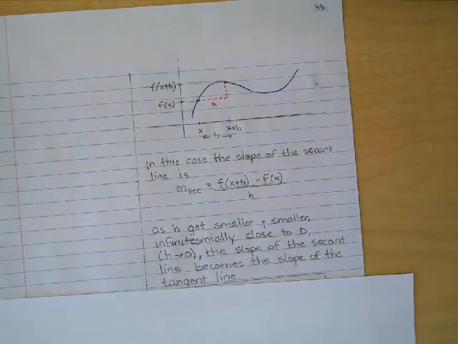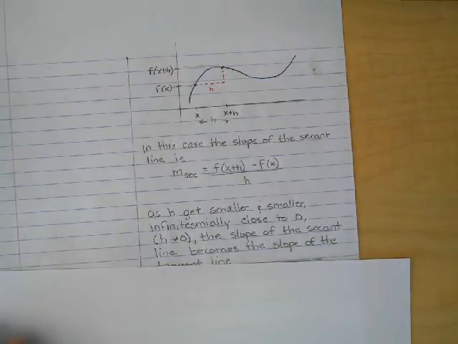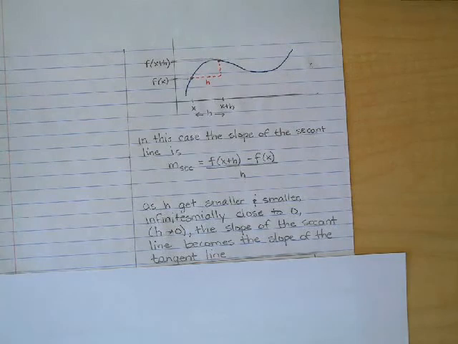Okay, here's where that limit's going to come in. As h gets smaller and smaller, infinitesimally close to 0, the slope of the secant line is actually going to turn into the slope of the tangent line.